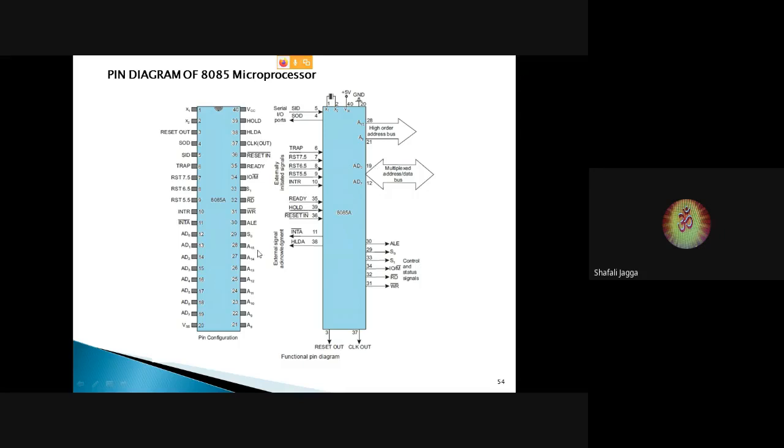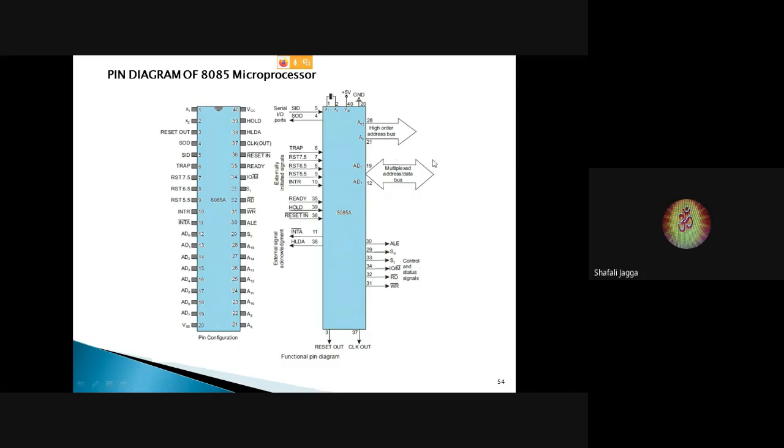Then another 8 pins are the upper address lines, because address lines are 16 in total and data lines are 8, and data lines are multiplexed with the lower address lines. So this is A8 to A15 from pin number 21 to pin number 28. Here we have shown all the pins, AD0 to AD7 and A8 to A15. These are the address and data buses.